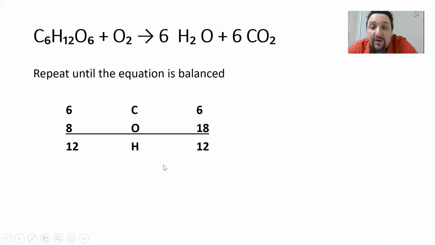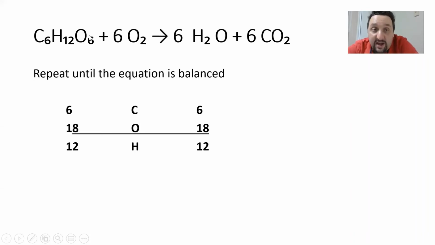All I need now is extra oxygen. I need 10 more oxygen. In order to do that, I have O2. So I am going to multiply this by 6. That means I have 6 plus 6 times 2 is 12. 6 plus 12 is 18, and I have balanced my equation.